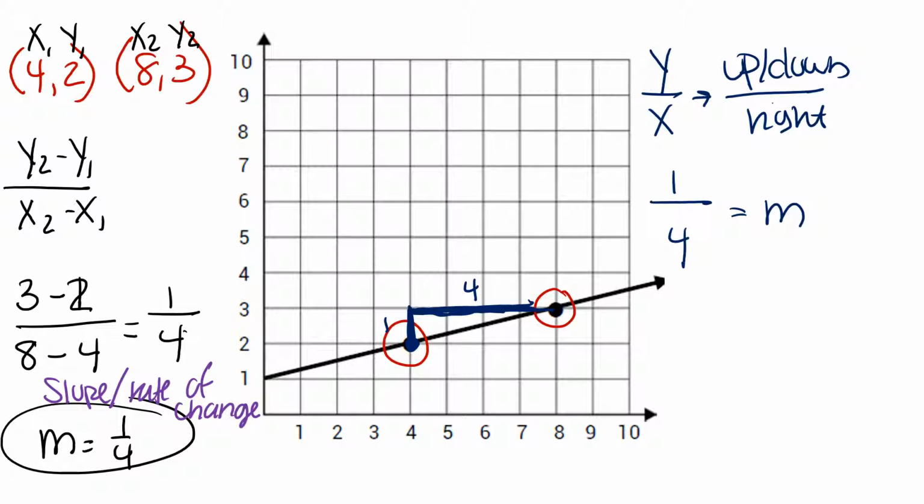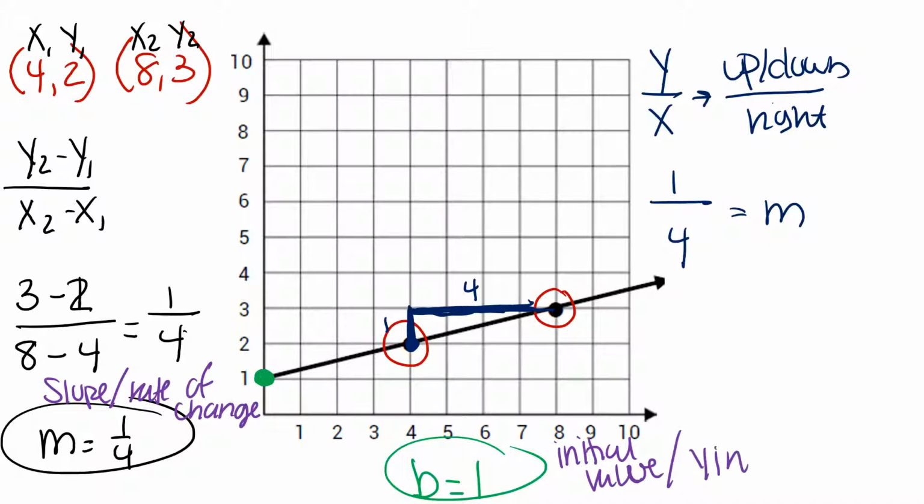And so in that instance, m is 1/4. Again, we should always get that same answer. Either method will work for every problem. Now our b value, where the line starts. The line starts here at the 1, and so our b value is 1. B is the initial value, also called the y-intercept.